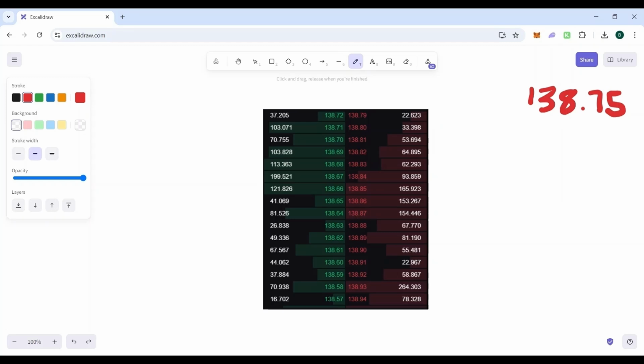Now, here's an order book that I got from Bybit. An order book is a real-time buy and sell order list for a particular asset. This particular order book records the transactions on the crypto coin Solana.